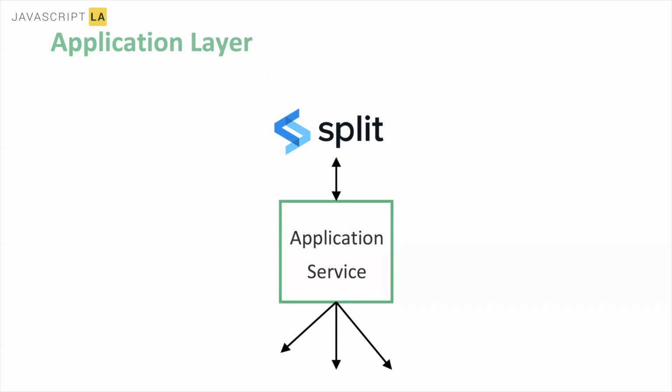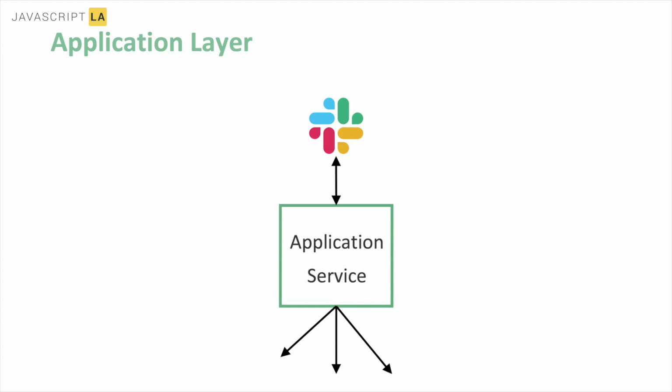So at Split, our main Split application would have an application service. It's often the case that public APIs also have an application service. Some people argue for this, some people argue against this. I'm personally for it, but it's worth knowing that it's pretty common for them to have their own application service. Meanwhile, integrations, like if you have a Slack integration or something else, those might also have their own application service depending on how they're done.